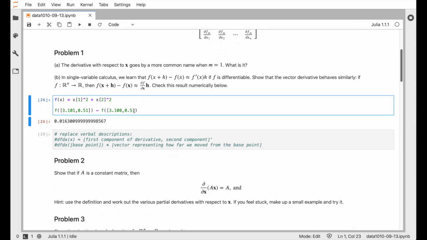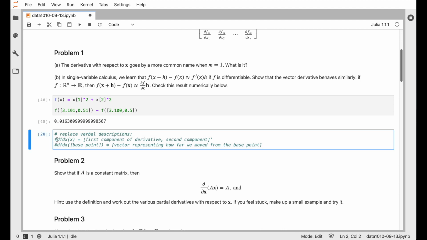And what we're evaluating here is how much the function changes when you go from a base point of 3.1 comma half to 3.101 comma 0.51. So there's a small change in input and we want to measure the resulting change in the function. And of course we can just directly compute it, but what we'd like to investigate is whether in fact the derivative can be multiplied by the displacement vector to get approximately the same result.